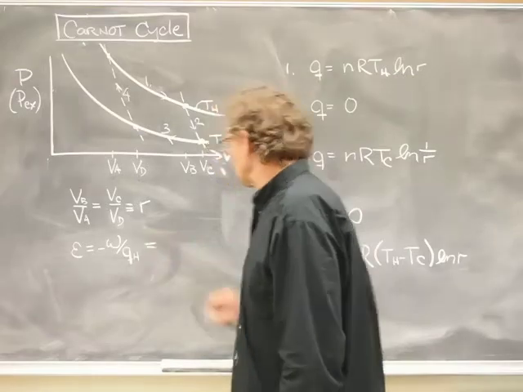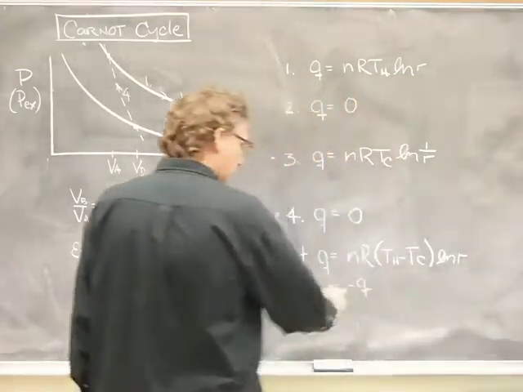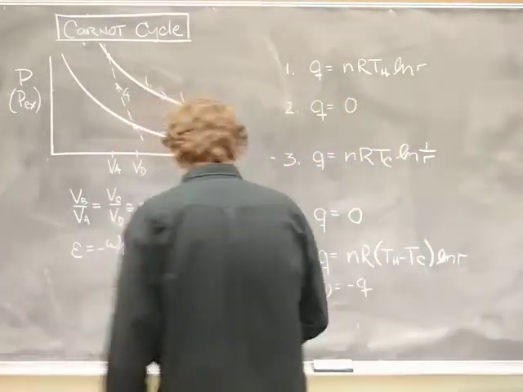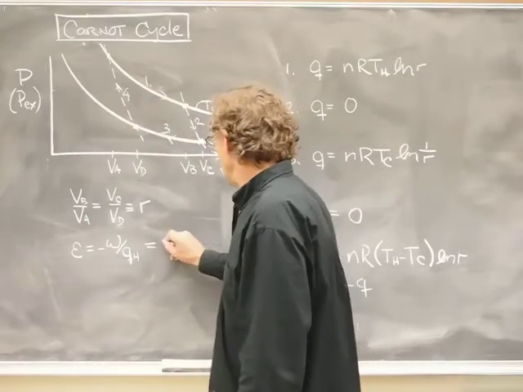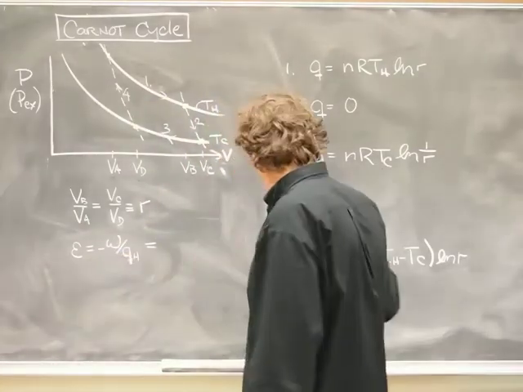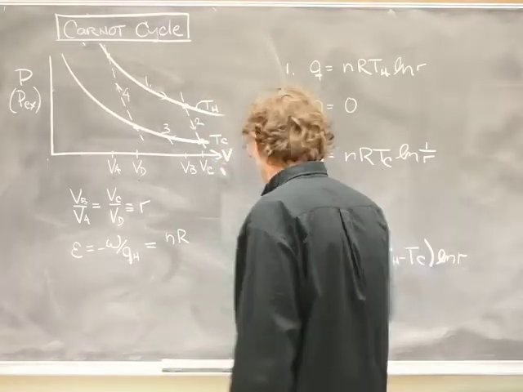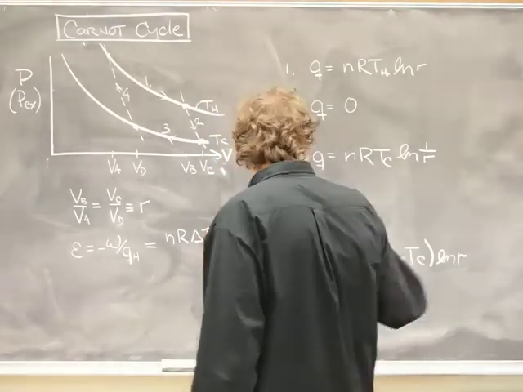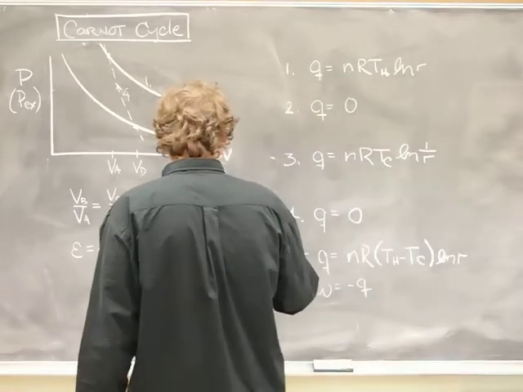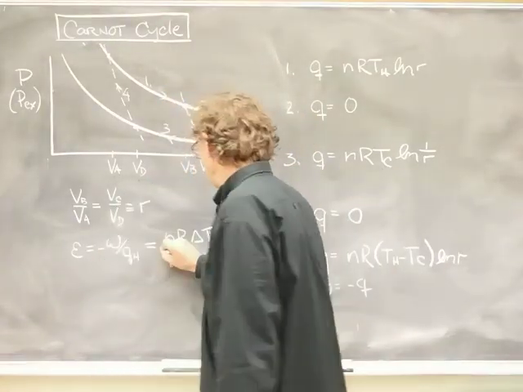Well, let's see. The work we've just done here is minus all that, and there's a minus sign in front already, so those cancel out. So I just get nR delta T times the natural log of that ratio.